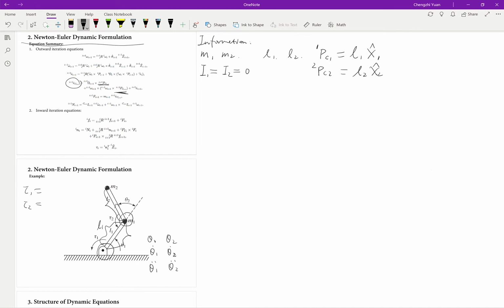What else? We also need to know how much force you apply to the tip point of the manipulator.